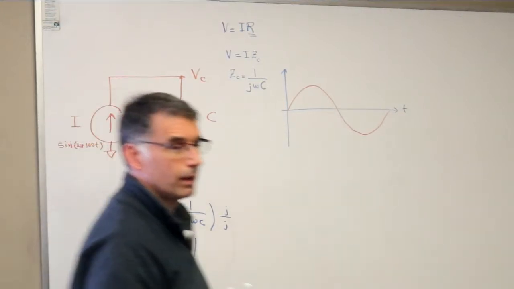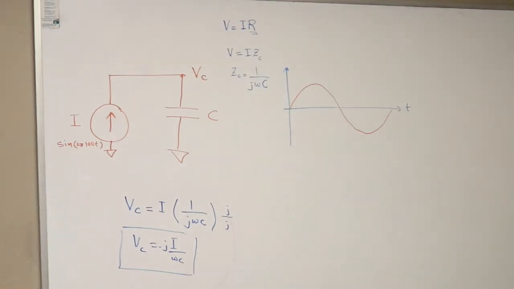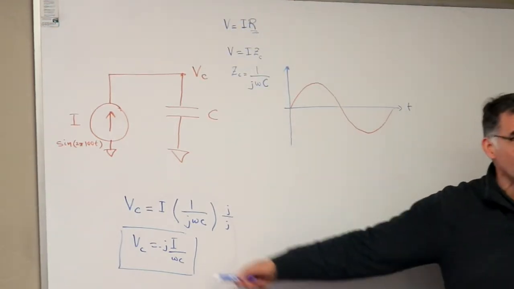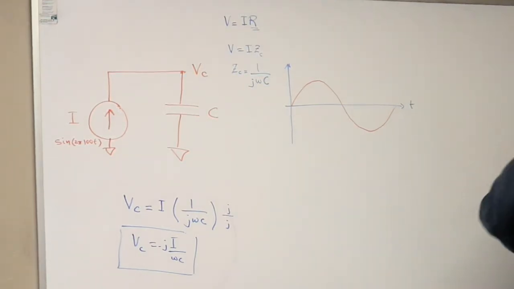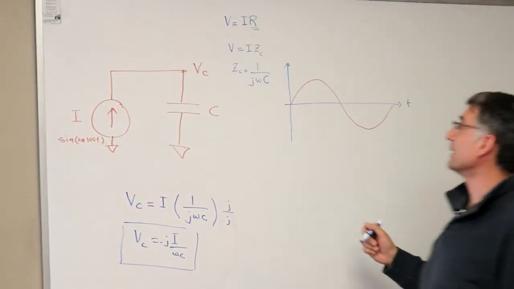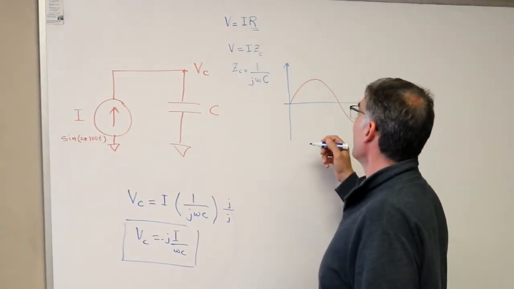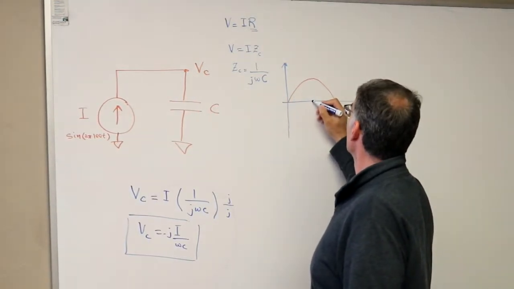And then we said, okay, I wonder what this is going to look like. And that's why we went and did the simulation. When we did the simulation, we realized that it went like this.